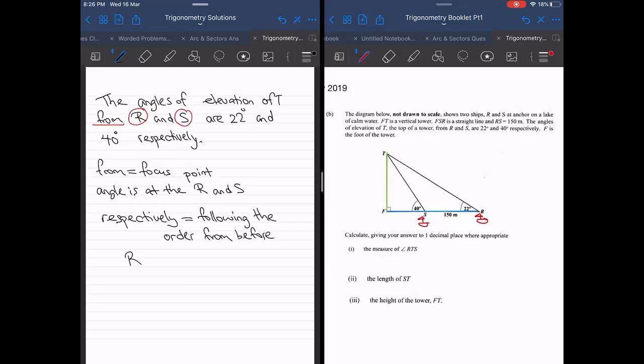Since we said R and S, it means that the 22 is for the R and the 40 is for the S. So again, guys, this is exam tips, learning how to read our questions, very, very important.